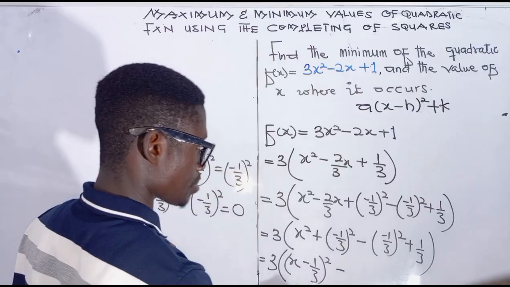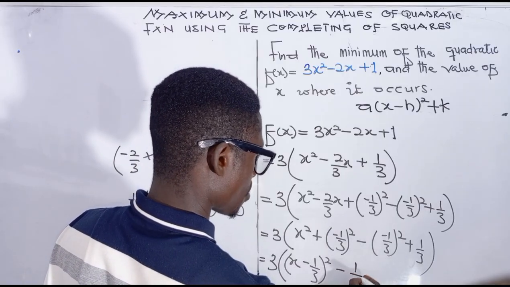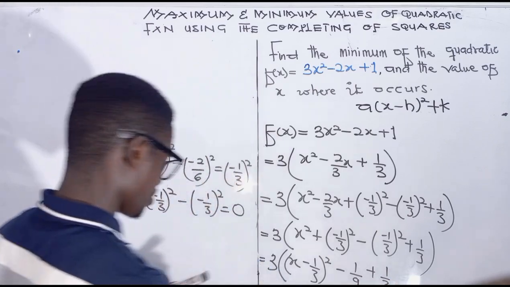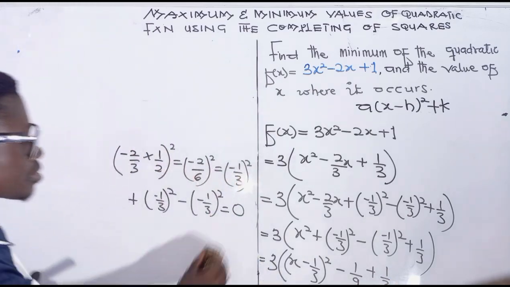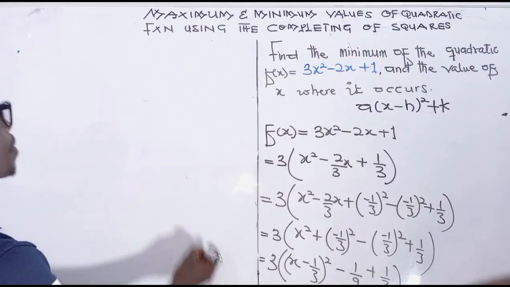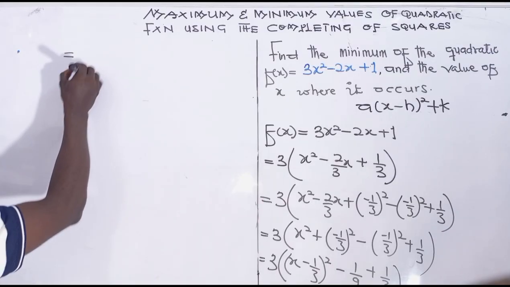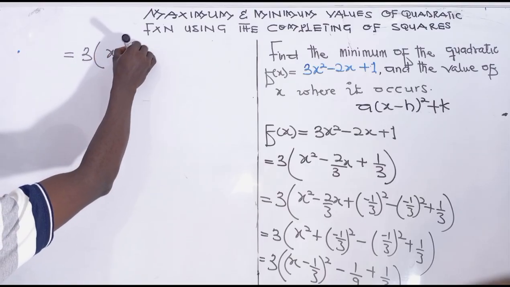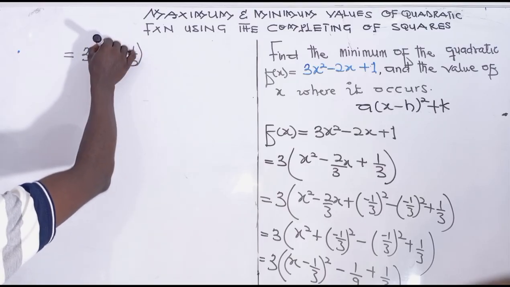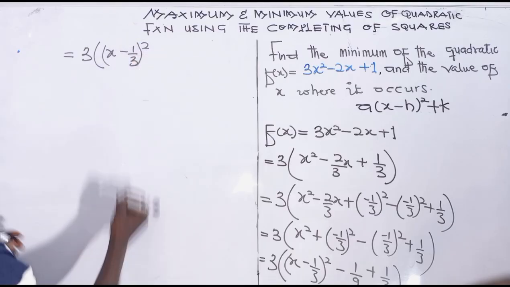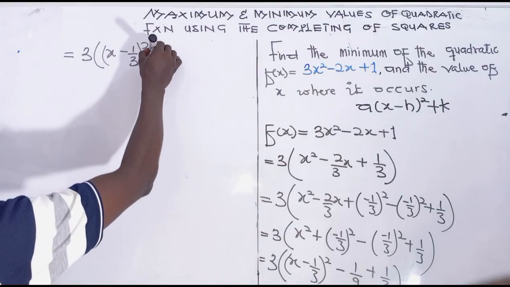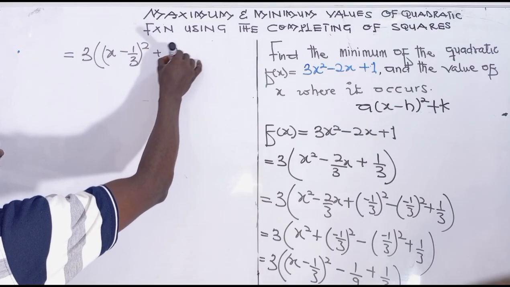And then this, when we expand, we are going to get 1 all over 9 plus 1 all over 3. Now when you simplify this, you are going to get plus 2 all over 9.